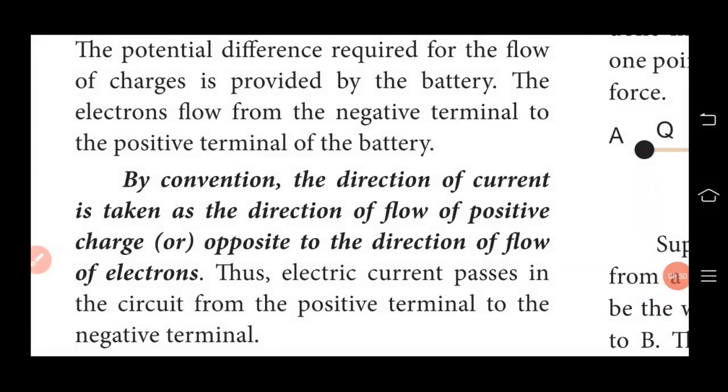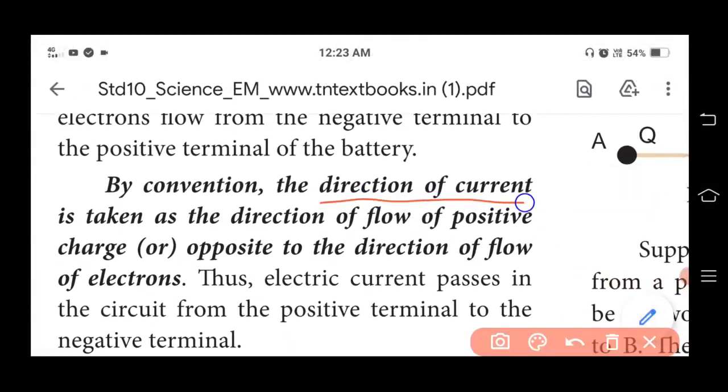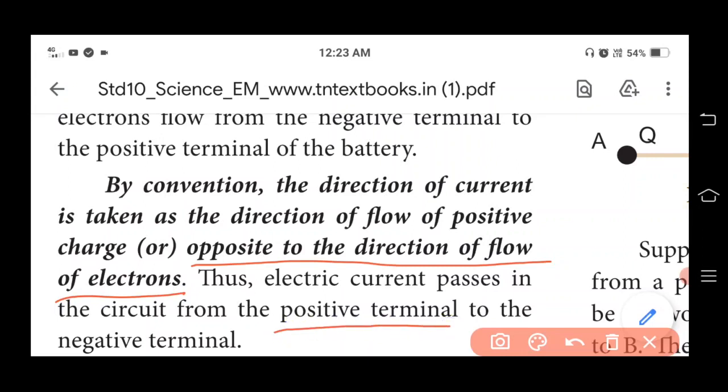By convention, the direction of current is taken as the direction of flow of positive charges, or opposite to the direction of flow of electrons. So electric current passes in the circuit from the positive terminal to the negative terminal.